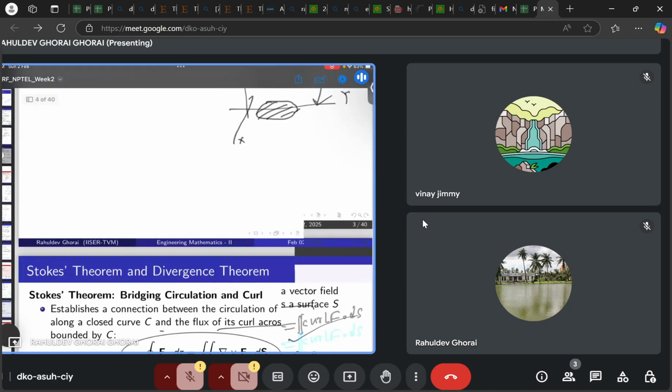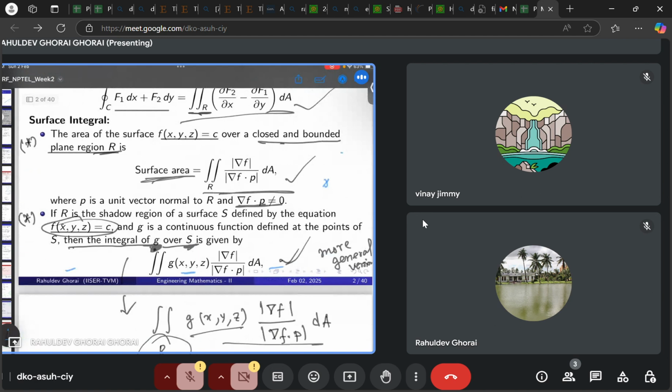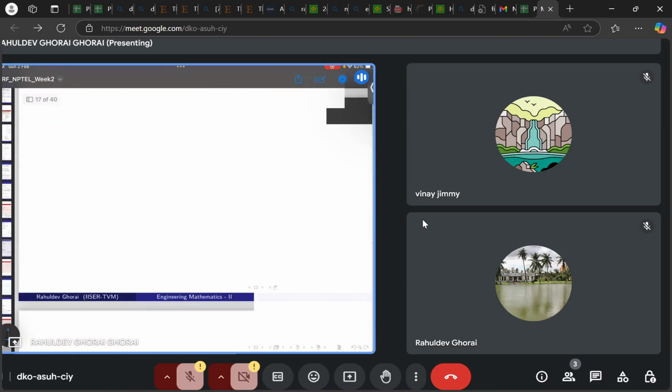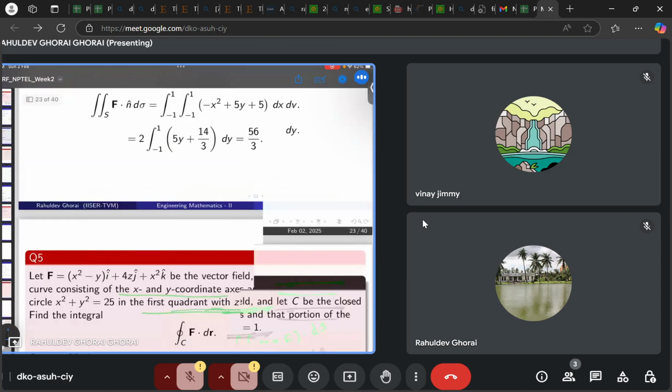But mainly, you should be very familiar with these two: surface integral. That is one of the most important things. If you were feeling a difficulty, that is also surface integral, nothing else.